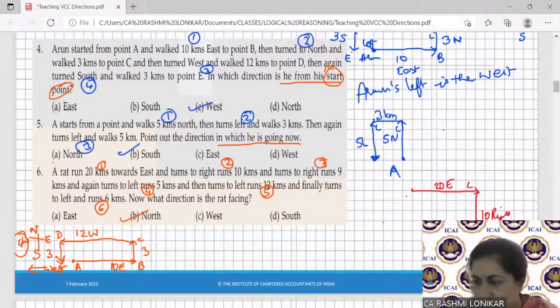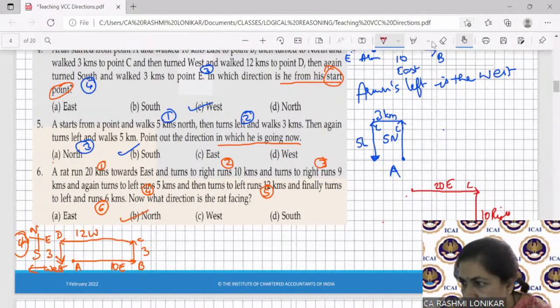This is his left. Once I know which is his left, I can see. And turns right, runs 9 kilometers. This is 20 kilometers. Where is he going? He is going only 9 kilometers. So he moves 9 kilometers from here. So third is 9 kilometers.